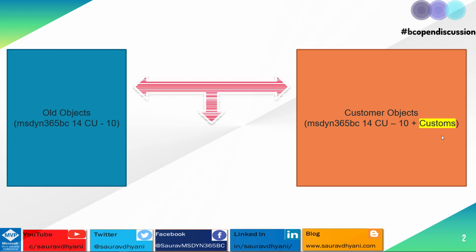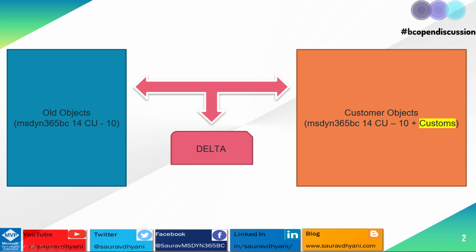So when we compare these two objects, what we get out of it is the delta, and this is the delta that we have to bring to the future version of Business Central, which in this case is cumulative update 26.